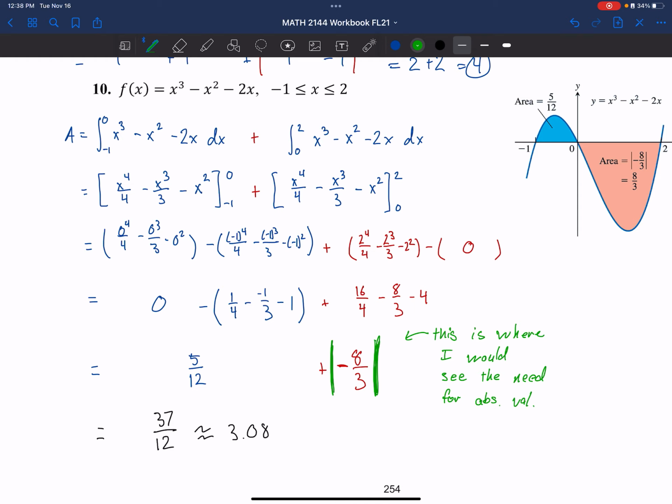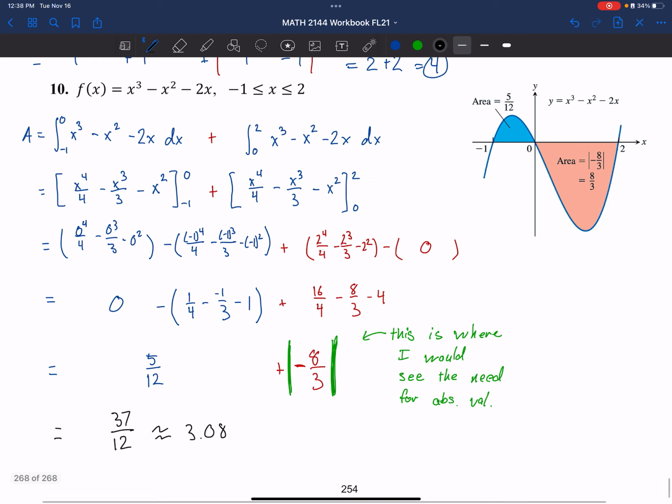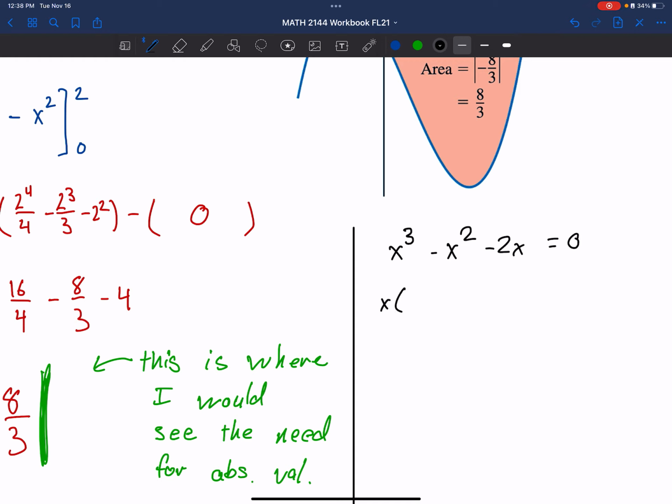Question in the back. Yeah, Weston. Without that, how would you know to make it like the intersection at 0? Yeah, so you would have to find the zeros. You would have to set it equal to 0 and solve it. This is more of a pre-calculus concept, but you would take the x cubed minus x squared minus 2x, set this equal to 0, factor out the x, end up with x squared minus x minus 2 equal to 0, which factors as x minus 2 and x plus 1.